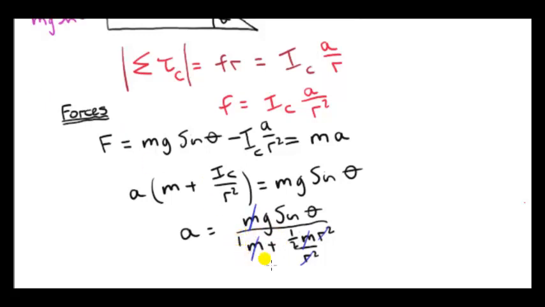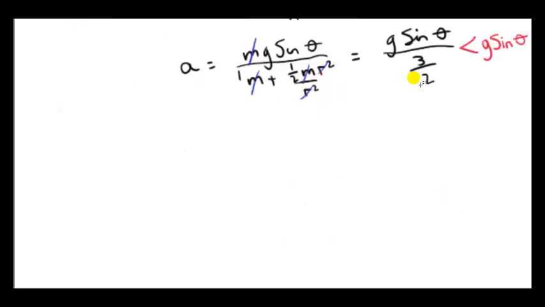So what have we got here? We have a 1 here. Well, we have 1 plus half in the denominator. So we have g sin θ divided by 3 halves. Not surprisingly, this acceleration is less than the acceleration of the disk when there is no friction.